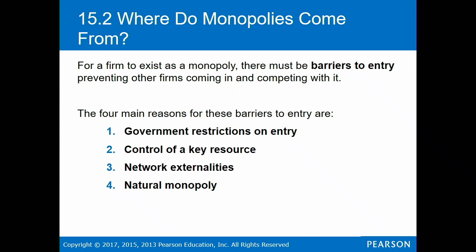As more people use some products, it becomes more and more useful. If that's the case, they're going to have some monopoly power. And finally, there's a natural monopoly. That's a case where there's these high fixed costs, where if a firm produces more and more, and they reach that market demand, the costs are still going down. So for them, it's more efficient if you just have one producer in the market.